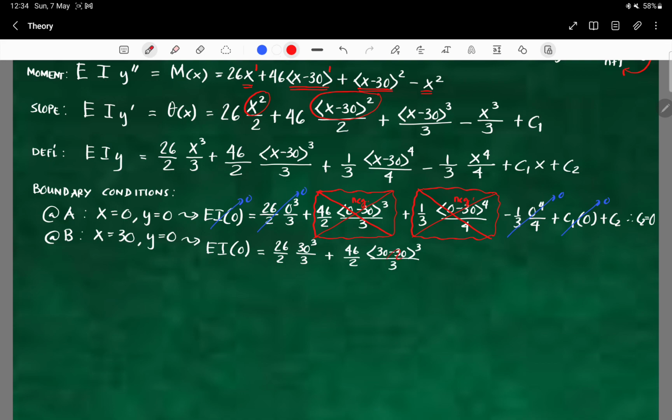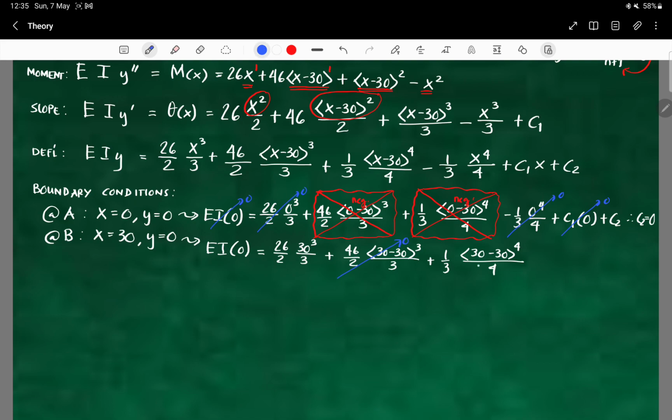If you look at this, 30 minus 30 is 0. It is not negative and not positive, but anyway, 30 minus 30 is 0. So all of this is equal to 0 still. Okay? Next, plus 1/3 of 30 minus 30 to the power 4 divided by 4.